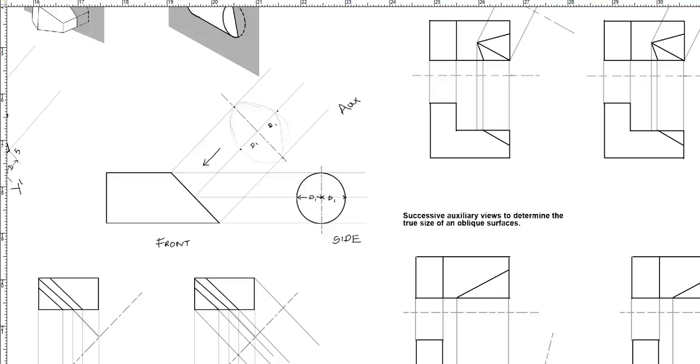So I will go to my view. I'm going to project a line from there, a line from here, which is equidistant from the center. Okay, same thing over here.